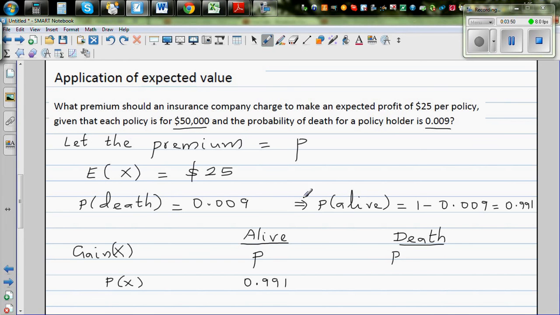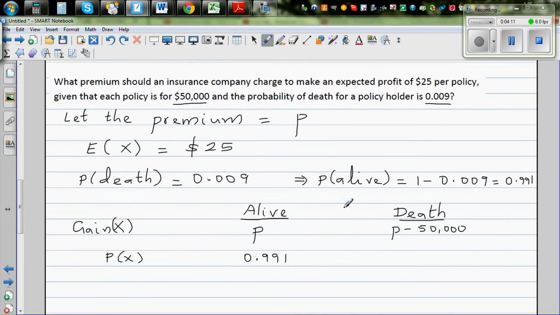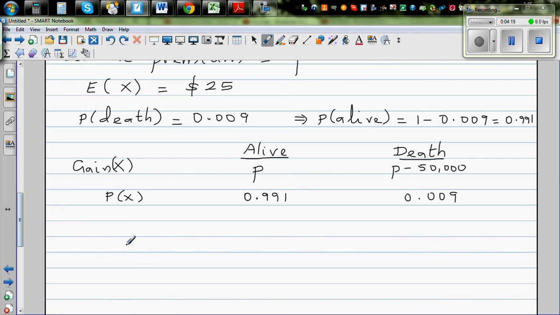P is the premium, since the contract starts after the person pays the premium. So they would have to pay 50,000, but they would have got the premium from the person who has died, unfortunately. And the probability for that to happen is 0.009.